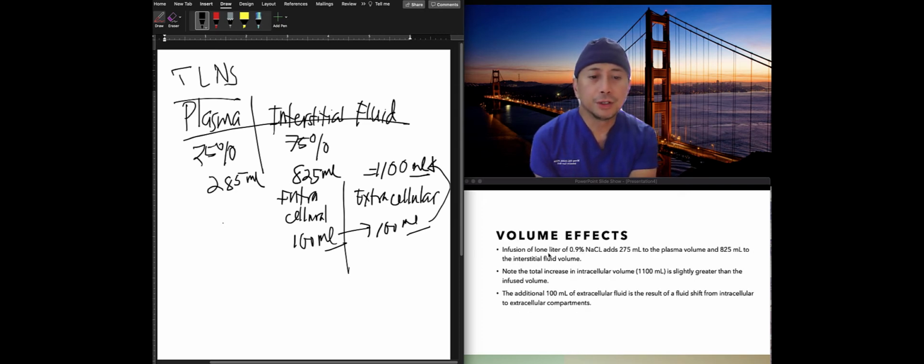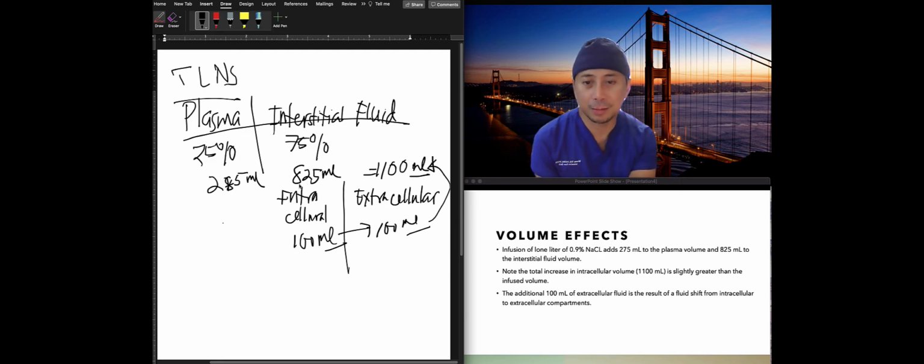So infusion of 1 liter, sorry for the typo, of normal saline could add 275 ml of plasma. You're right, this is 275 here, and 825 ml of the interstitial fluid volume.